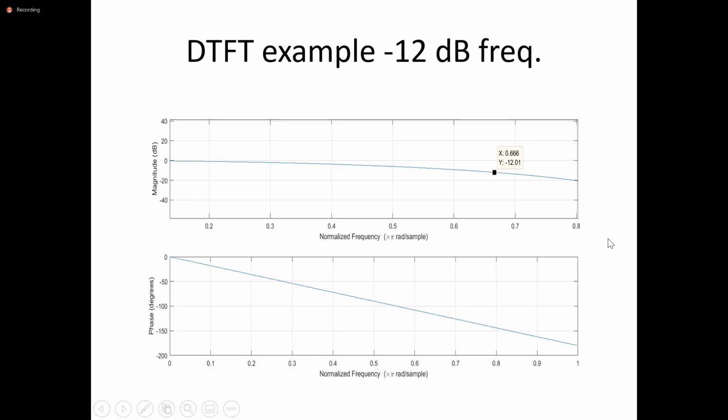So 2 pi will represent your sampling frequency. Pi will represent the highest frequency that is allowed in your input signal. Right, so that's why our frequency plot is going to go from 0 to pi radians per sample.